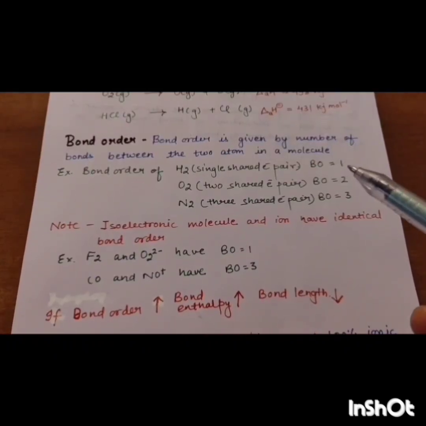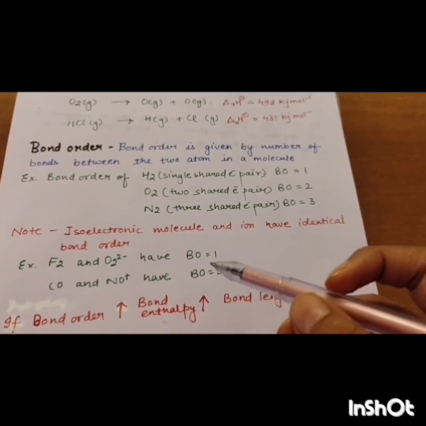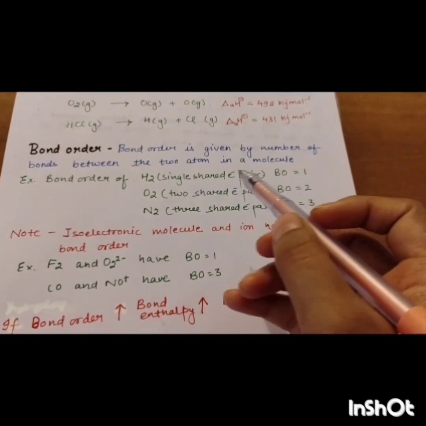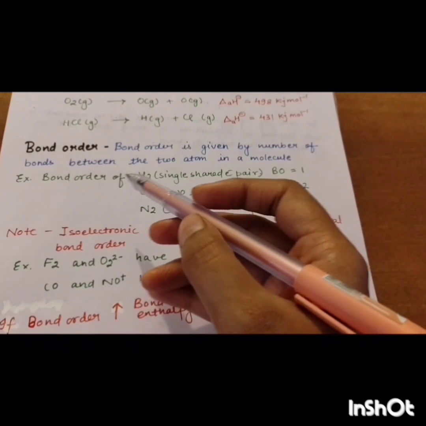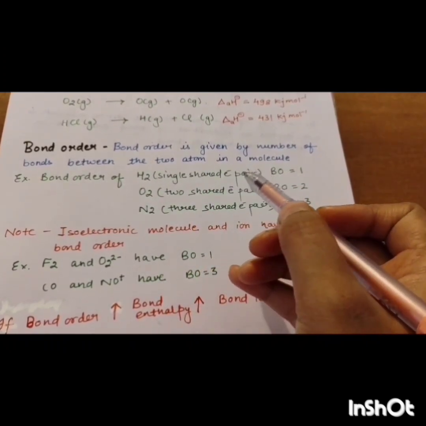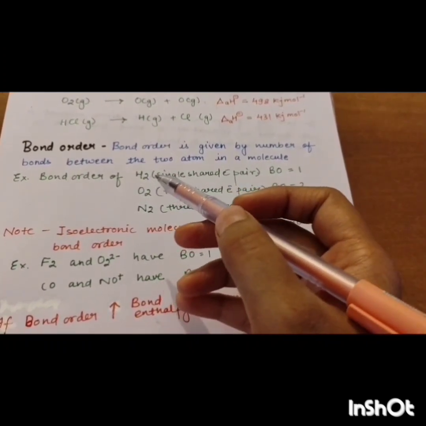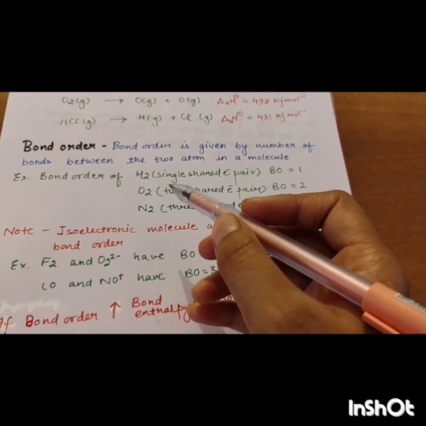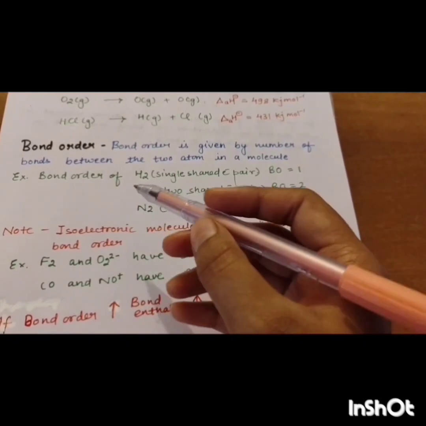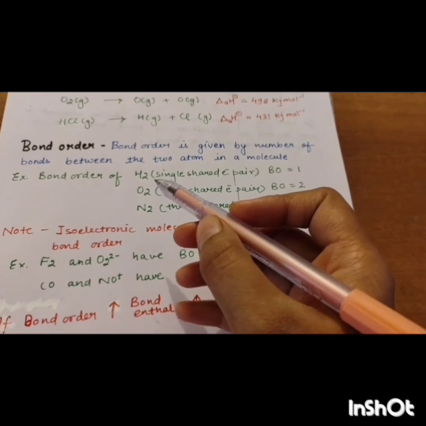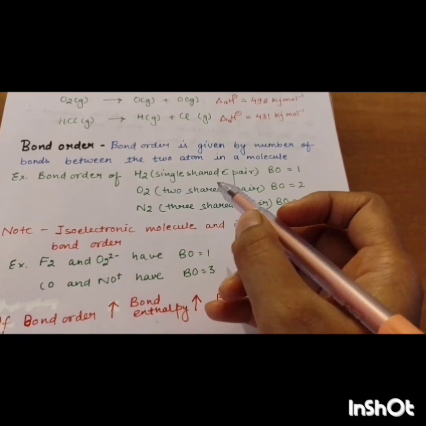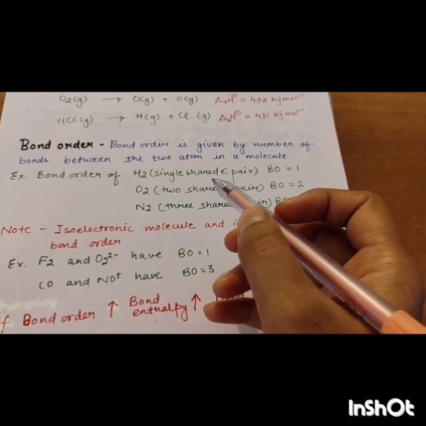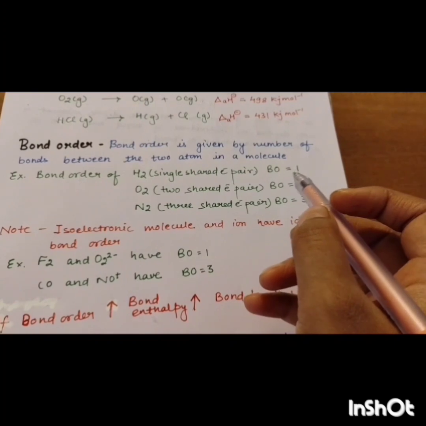Our next term is bond order. So what is bond order? Bond order is the number of bonds between two atoms in a molecule. It means how many bonds are located between two atoms. In the case of the hydrogen molecule, there is a single shared electron pair, so bond order is 1.